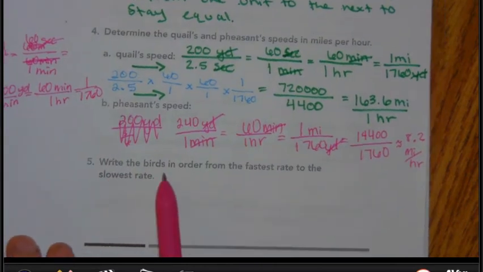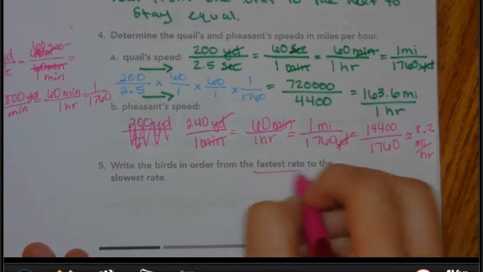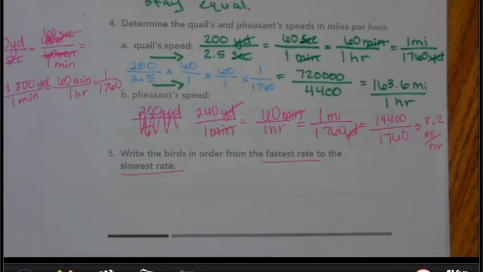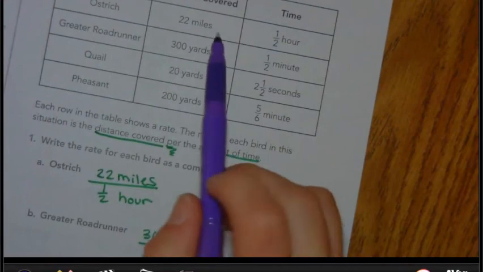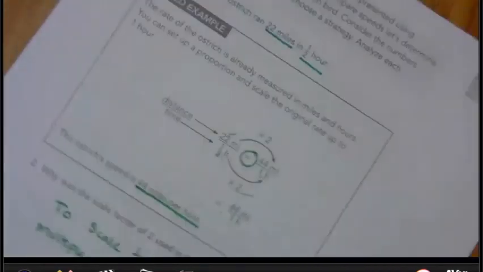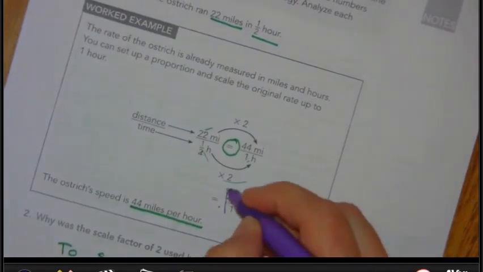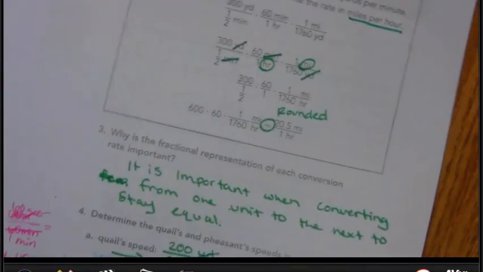All right, write the birds in order from the fastest rate to the slowest rate. So I want to know the bird that is fastest to the bird that is the slowest. All right, so it looks like ostrich, great roadrunner, quail, and then pheasant. If I look back here, I've got 22 miles for 1/2 hour. Well, my ostrich was at 44 miles for 1 hour.